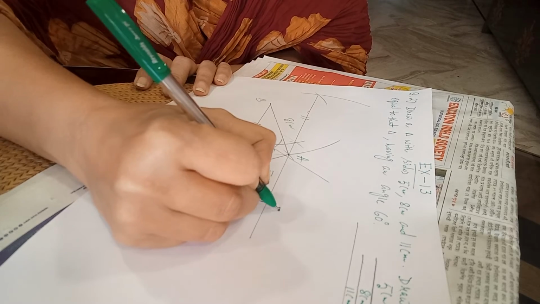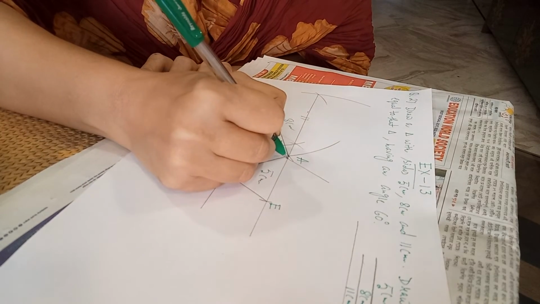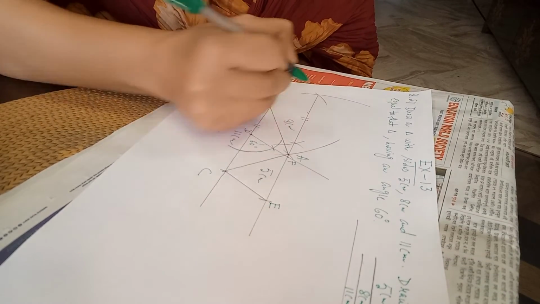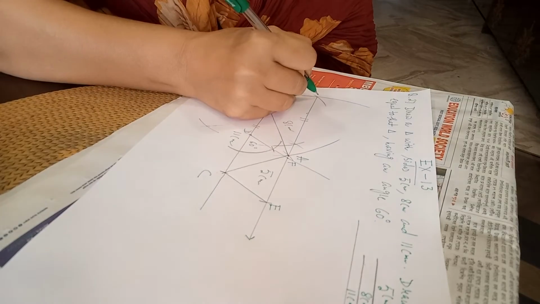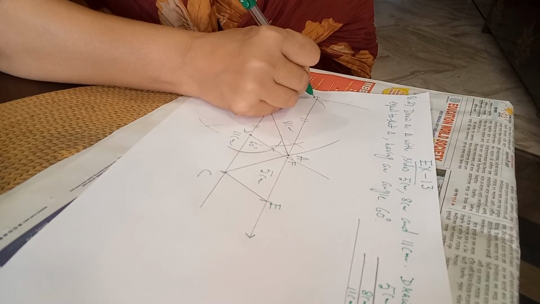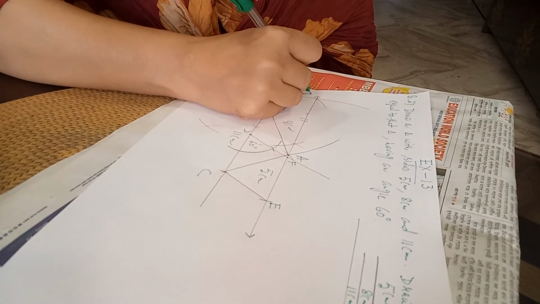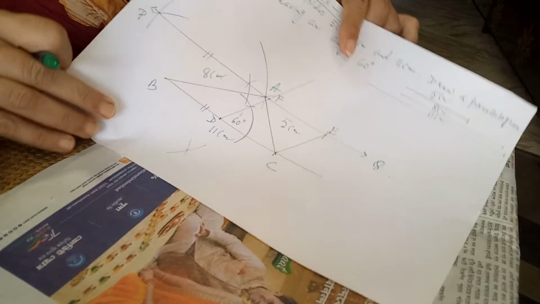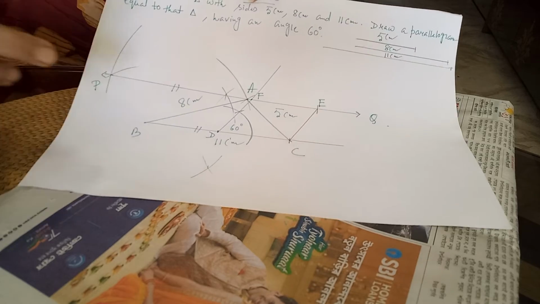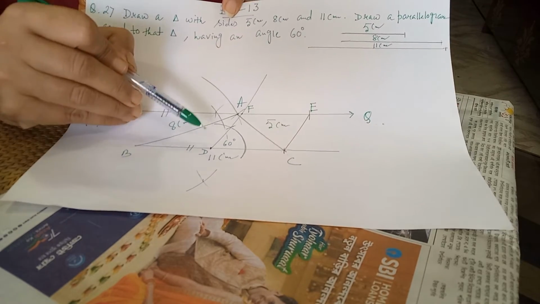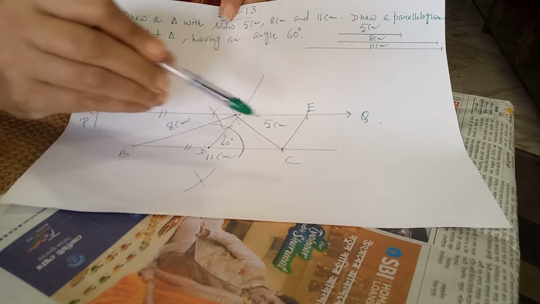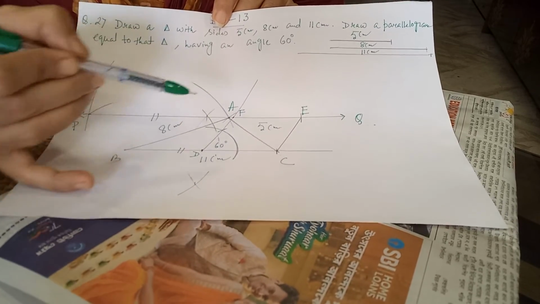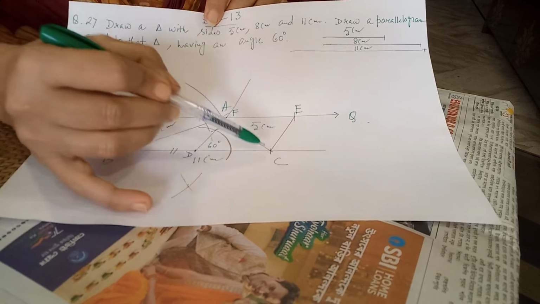What I'll give? E, and this point F, and give name here that parallel line PQ is the parallel line. Clear? Now see the construction. This is the parallelogram FDCE, whose area is equal to the area of the triangle ABC.